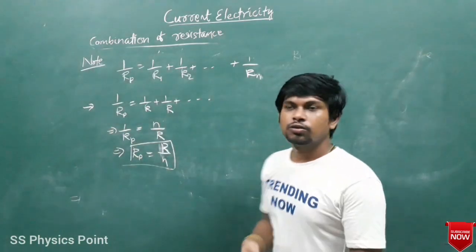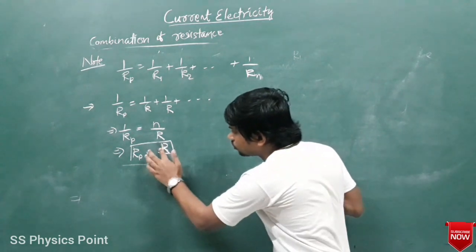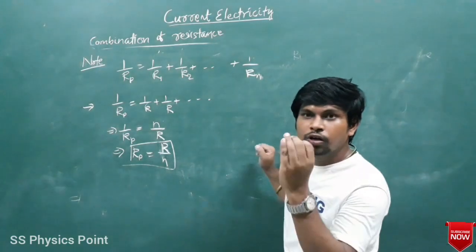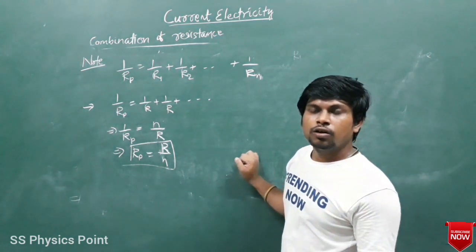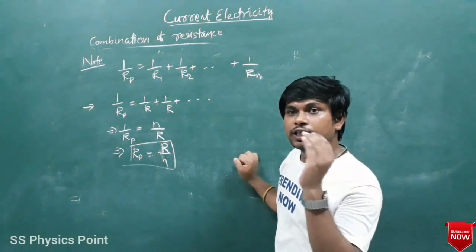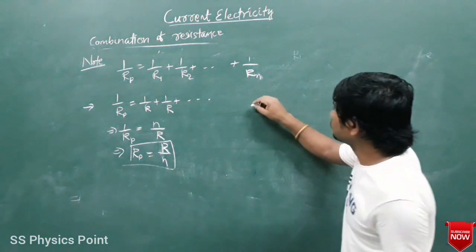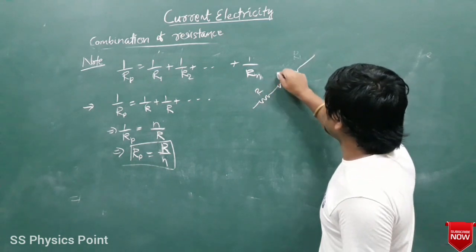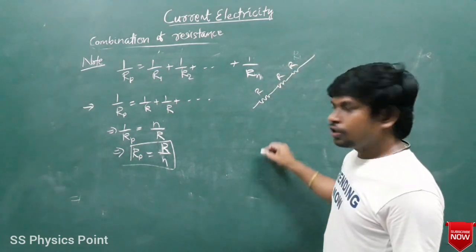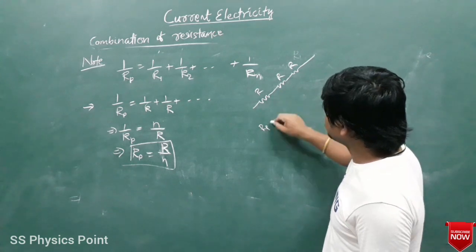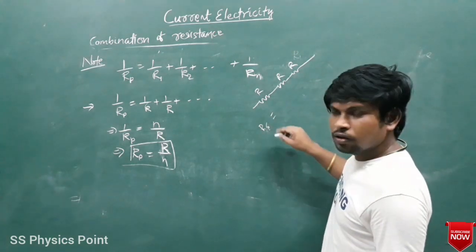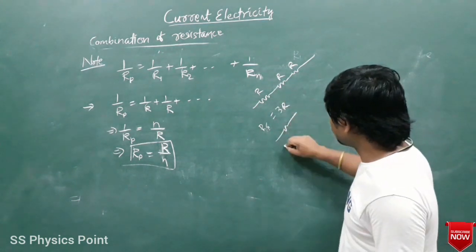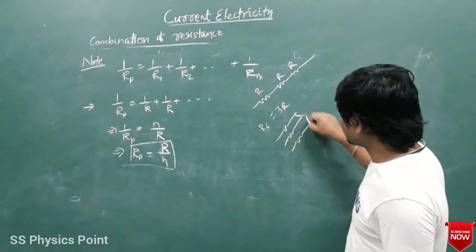तो इधर क्या हो रहा है? देखो थोड़ा अच्छे से देखो. Rp will be R by N. तो रेजिस्टेंस इधर क्या हो रहा है? घट रहा है, मतलब कम हो रहा है. और सीरीज कॉम्बिनेशन में क्या हो रहा था? ज्यादा हो रहा था. मान लो 3 रजिस्टर, सबका रेजिस्टेंस मान लो R है, तो इक्विवेलेंट R पर सीरीज कितना था? 3R था. मान लो 3 रजिस्टर का पैरेलल कर रहे हो, तो कितना होगा?